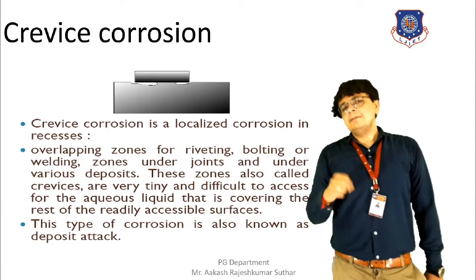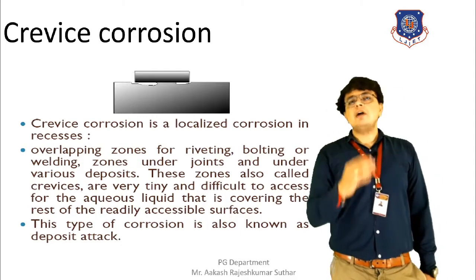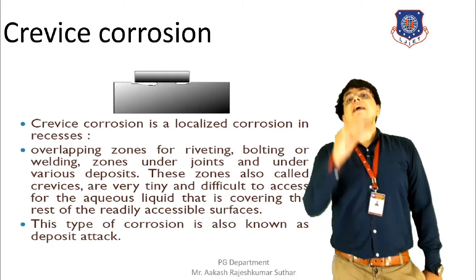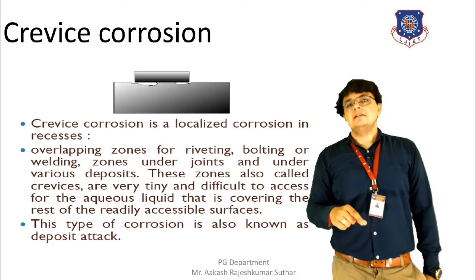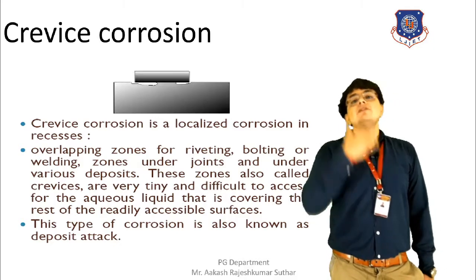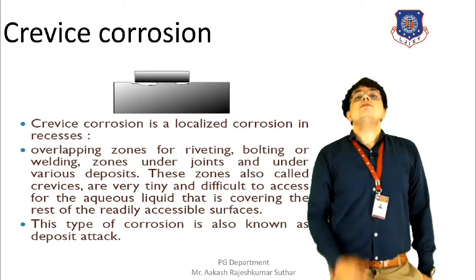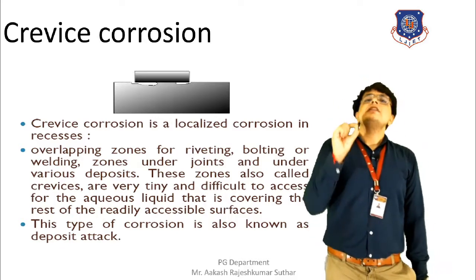Let us have a brief discussion on these crevices. Crevices are mainly found in a machine where the joints are found. At the joints, the crevices will be there. At the joints, we have bolt joints, we have welding joints, and we also have rivet joints. So at that point, some gaps will be found.